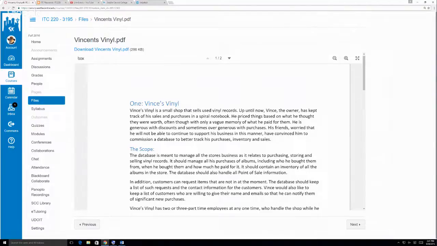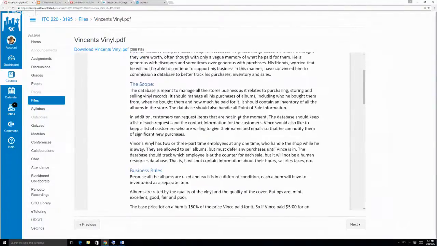So the idea is the database is to manage all the store's business as it relates to purchasing, storing, and selling the vinyl albums. It should manage all the purchases, including who he bought them from and when he bought them. And it should also contain all of the albums in the store, the inventory, and it should handle all the point of sale information. In addition, customers can request items, so there are requests for items that are not in at the moment.